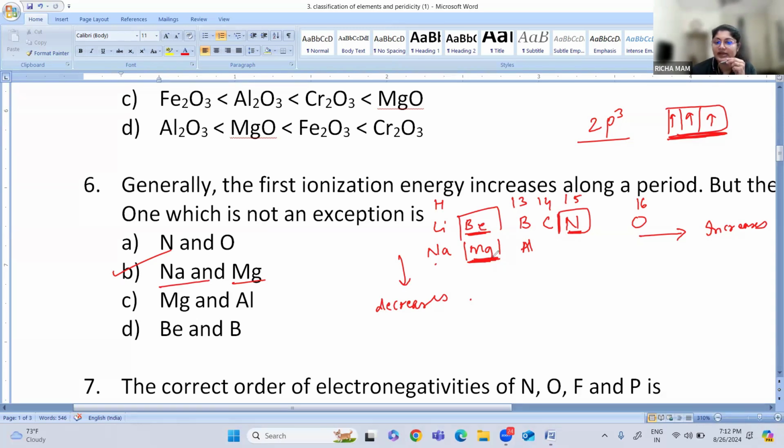Beryllium and magnesium are fully filled when you write the electronic configuration, 1s2, 2s2, and so on. Try to write it for 12 and see: it is completely filled. Because of that, the one which is not an exception is sodium and magnesium, where the energy is simply increasing. Okay, fine.